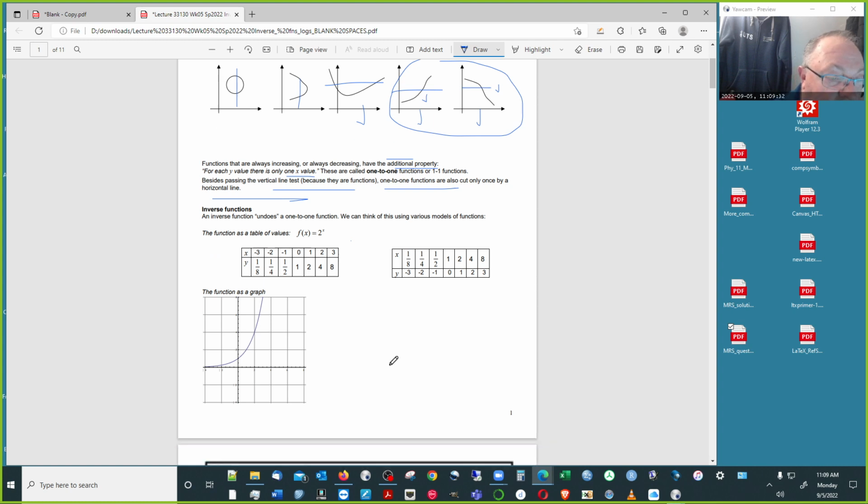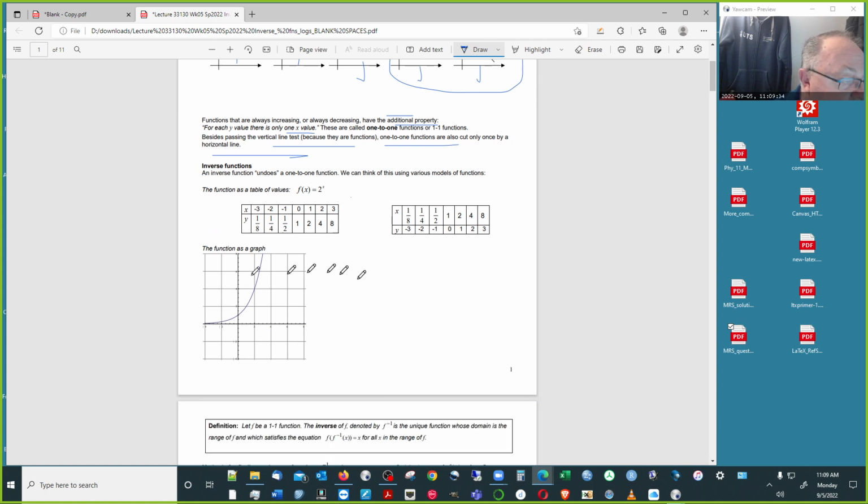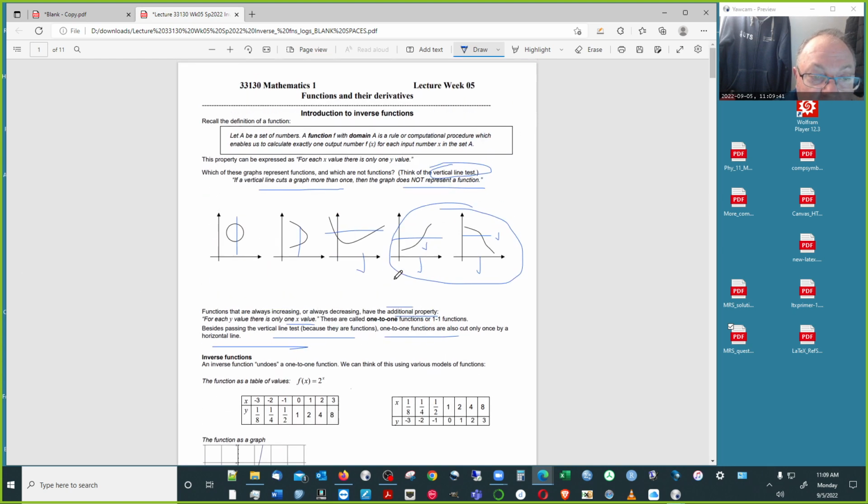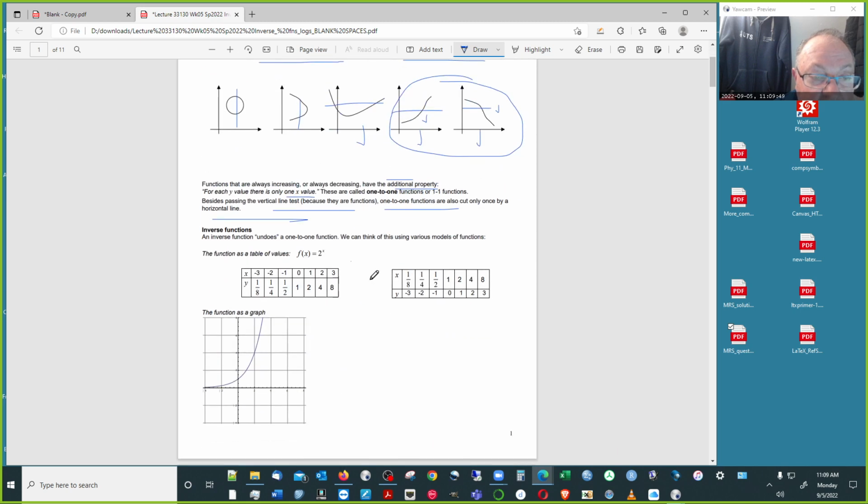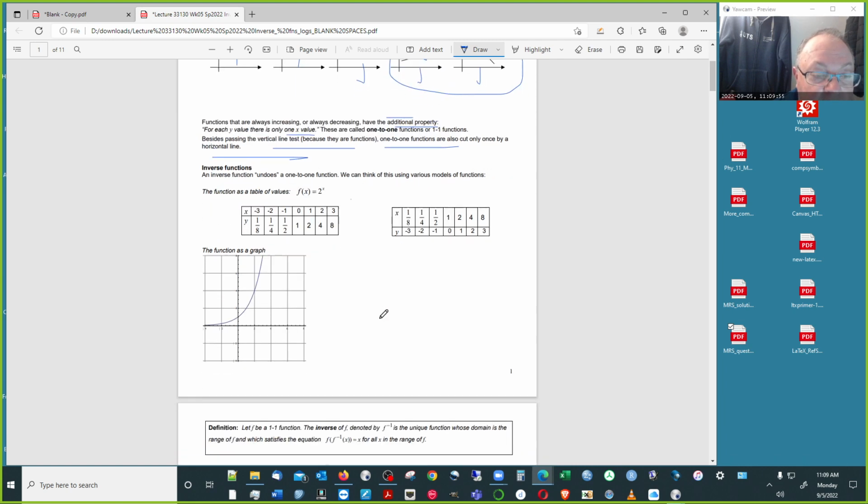So whenever you're looking at a particular function, is it one-to-one? Is it an actual function? Okay, so all the ticks are functions, and the two other ones here that pass the horizontal line test are one-to-one.